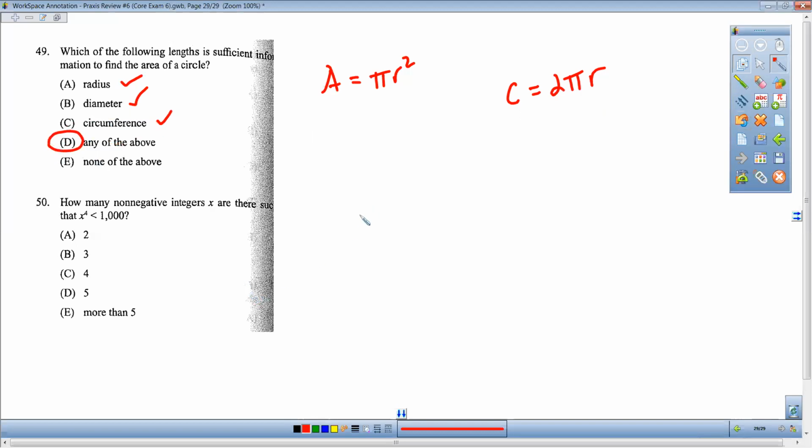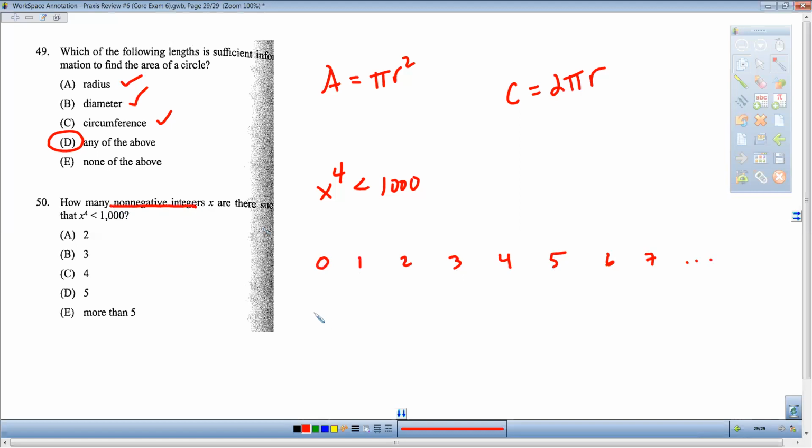And last, how many non-negative integers are there such that when you take the integer, raise it to the fourth power, you're less than 1,000? So it says non-negative integers. So you think about all your integers: 0, 1, 2, 3, 4, 5, 6, 7, and just keep going.